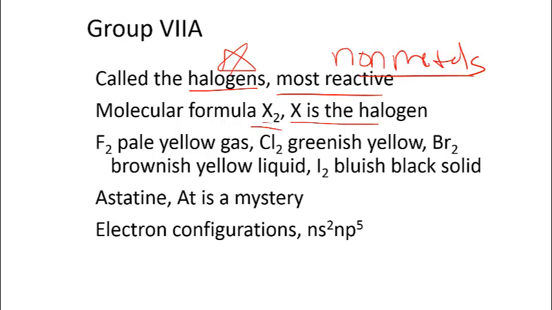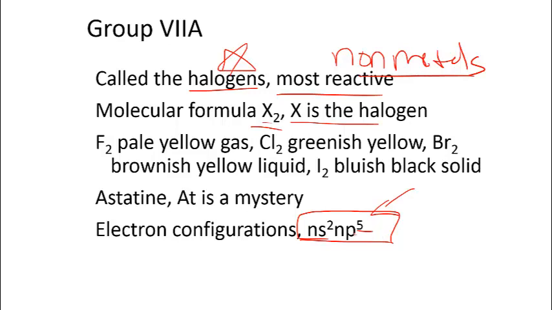The halogens all have electron configurations in the form ns2 np5. And this is very important because they have a very large desire to fill their outer p subshell. It only needs one electron to be completely filled.